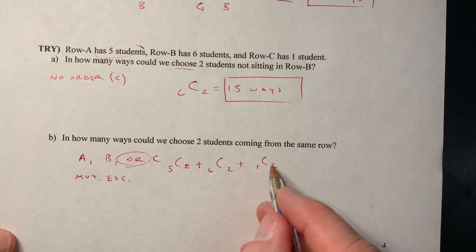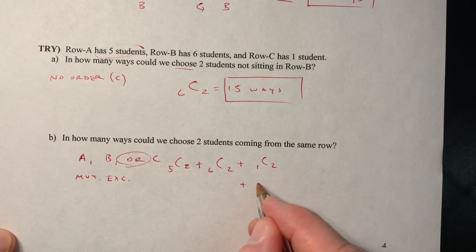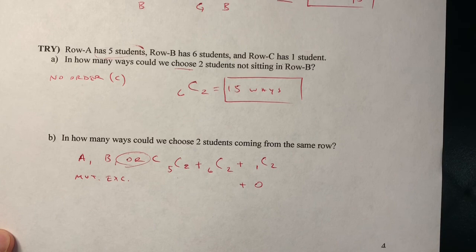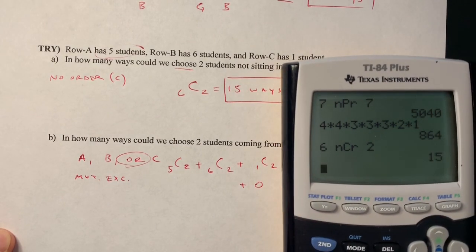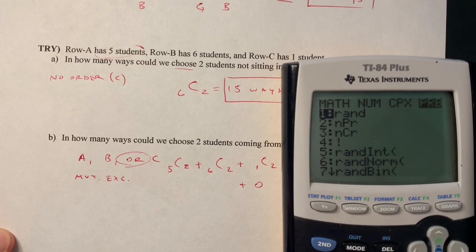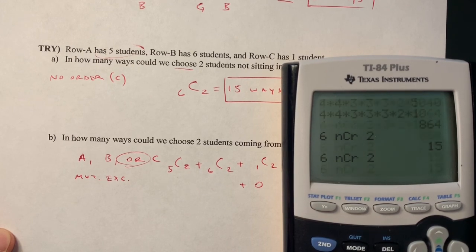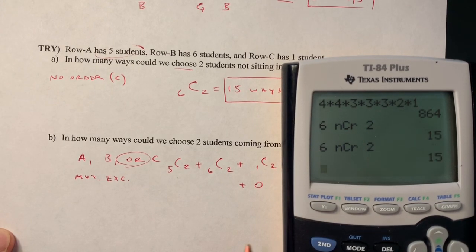Now, there's no way to choose 2 out of 1, so I know there's going to be 0 ways to choose those. Okay, 6C2 is 15, which I already had in my calculator right there.